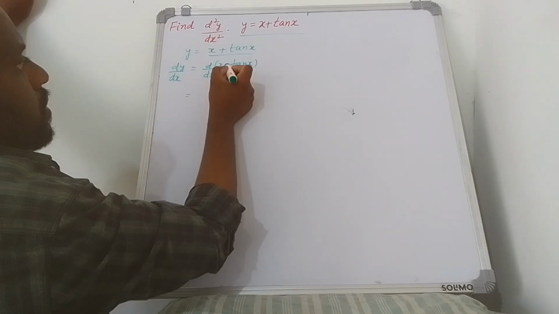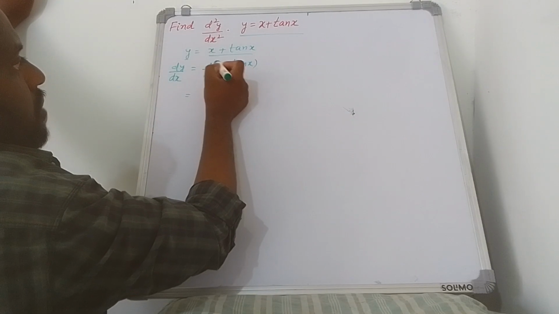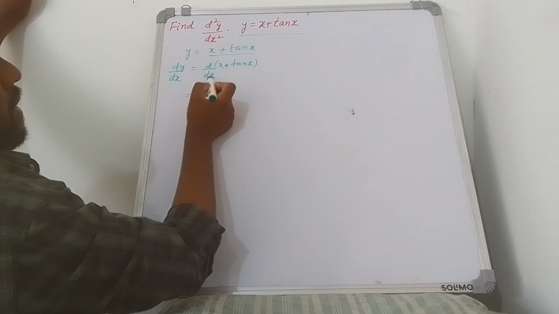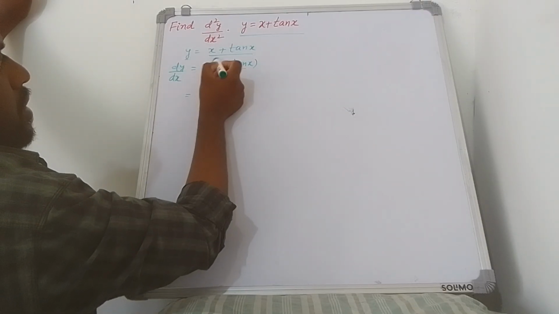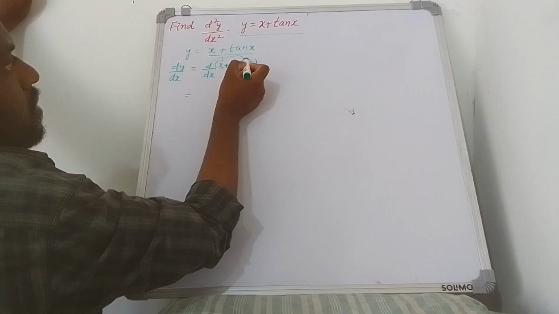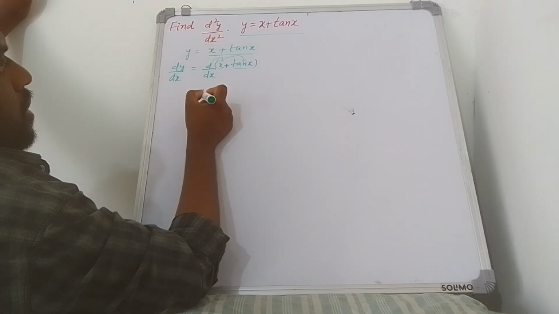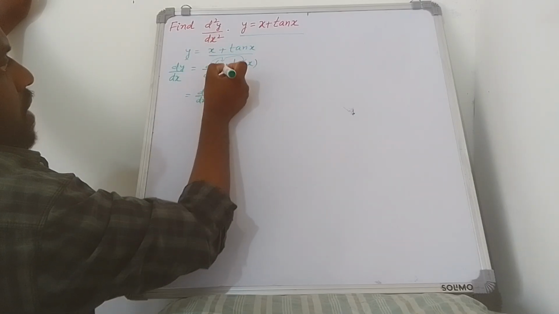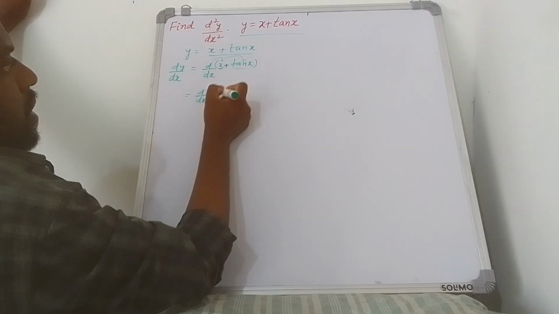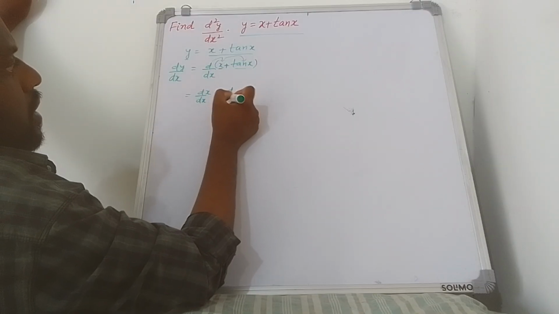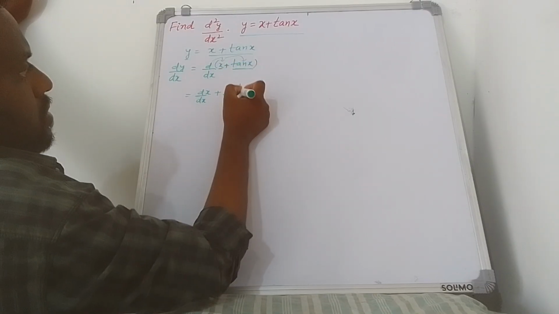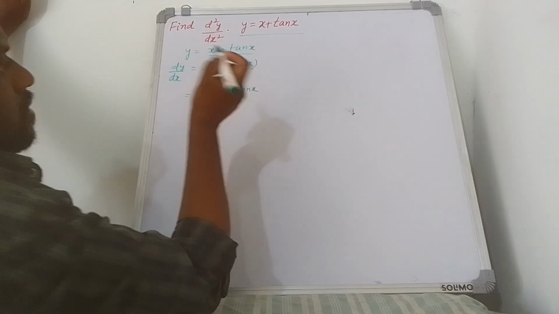Next, since we have plus here, we can distribute this d by dx for this and this separately. This first, then this. So d by dx of this x, plus d by dx of this tan x.